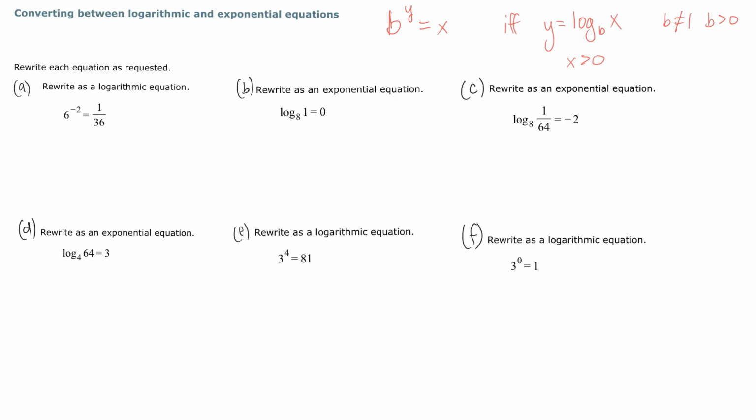We're ready to convert. So if you're given an exponential equation, as in part A, our goal is to write it into a logarithmic equation. So here it's given in an exponential equation, and then we just got to write that the exponent is going to be a log base b of an argument called x.